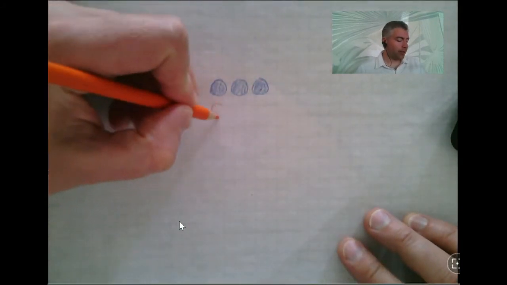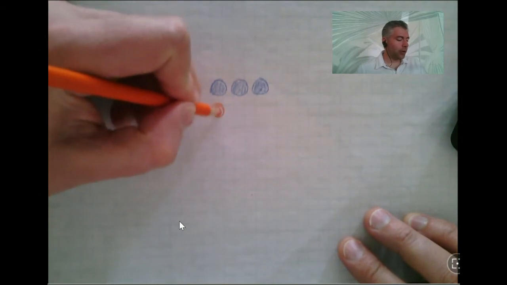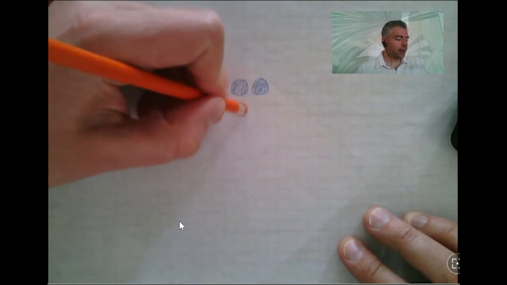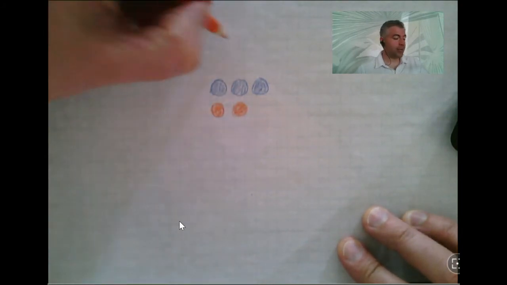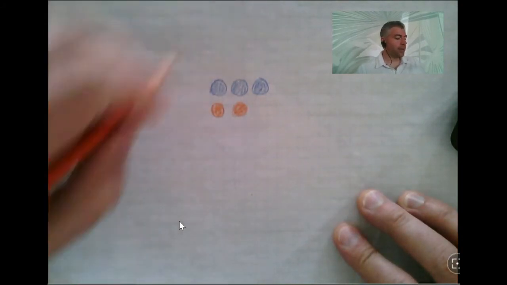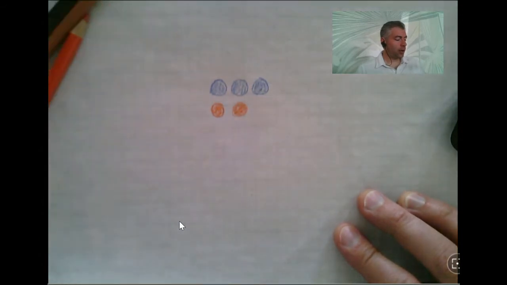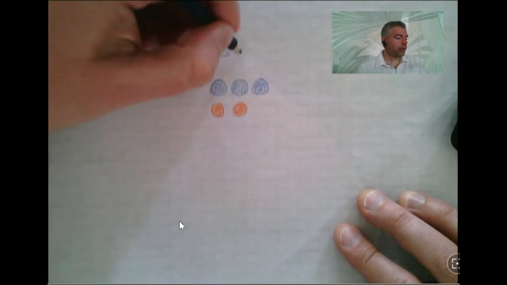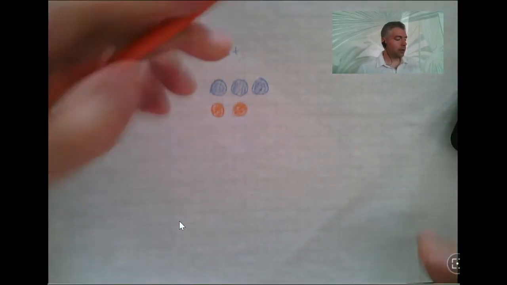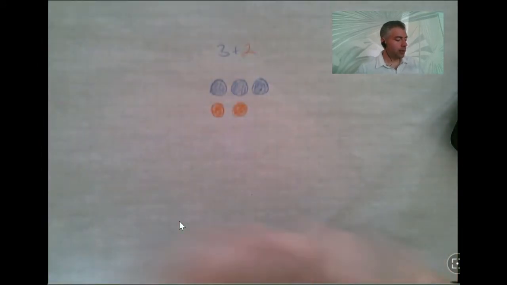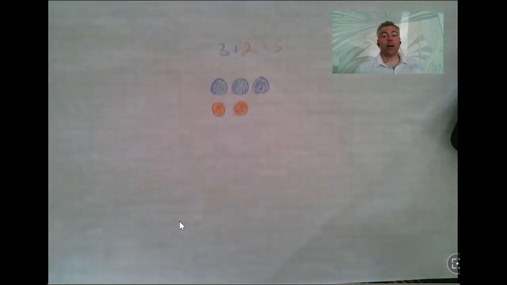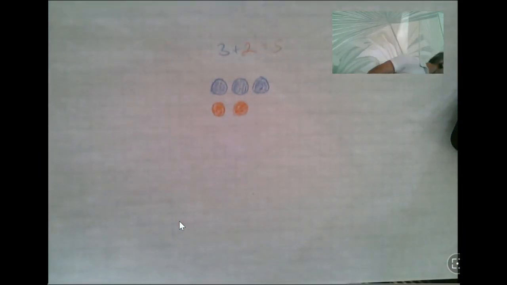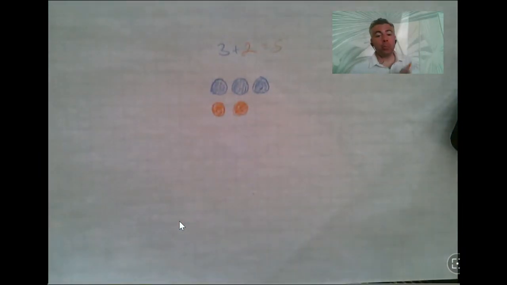I might also then draw 2 more, and this is now a representation of a number sentence, right? 3 plus 2 equals 5.